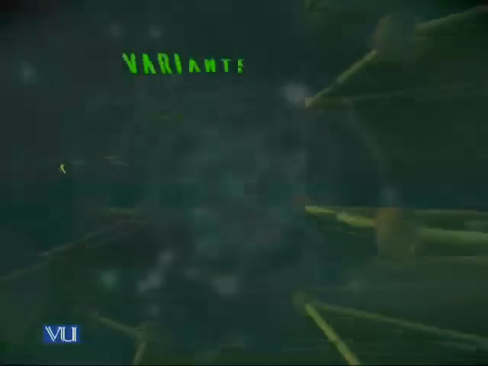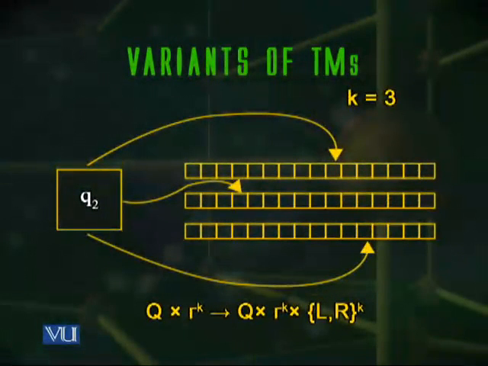As you can see, the transition function is a function from Q cross gamma to the K to Q cross gamma to the K cross {L, R} to the K, which means that the decision for this step is made by looking at all the K symbols that are currently being scanned. Furthermore, the machine decides to move into a new state. It also decides for each symbol what to replace it with, and for each head whether it will move left or right.